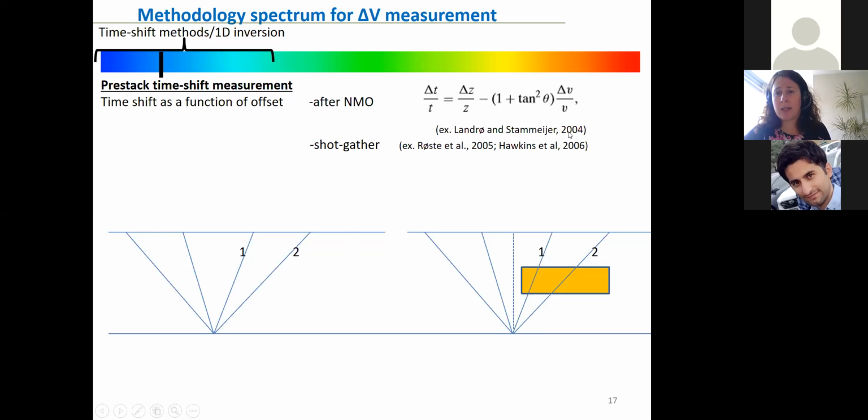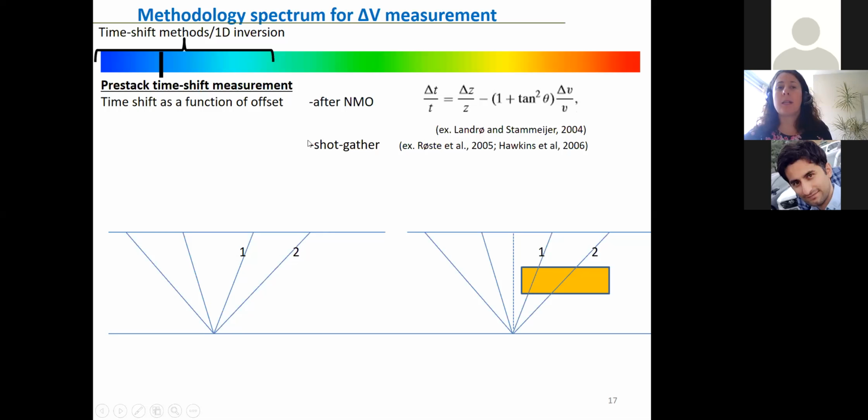So Lander and Stammeier recognized that, and they said, okay, of course, if this is my baseline and this is my monitor, ray 2 goes through a longer time in this velocity slowdown or velocity speed up area. So the time shift here will be more affected than this time shift. So you need to adjust for that.